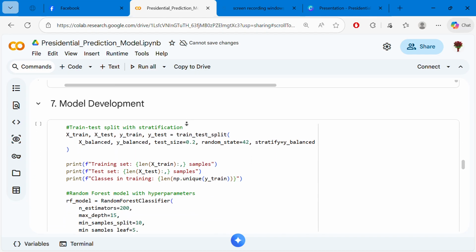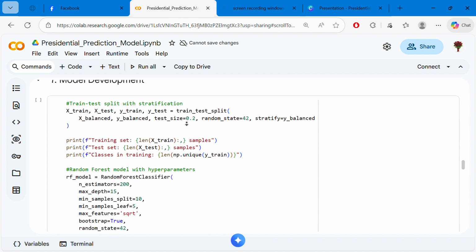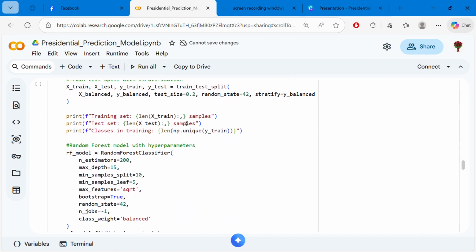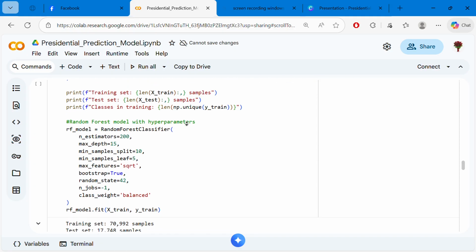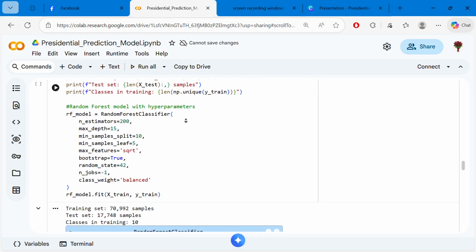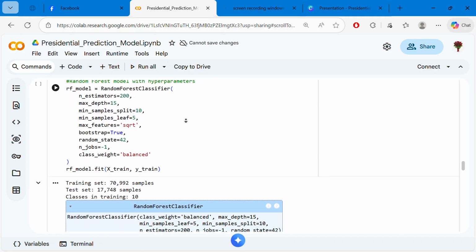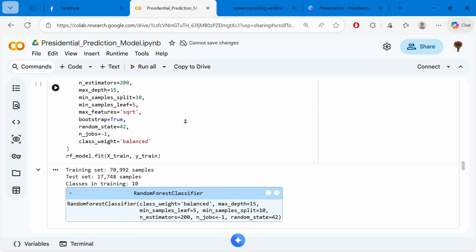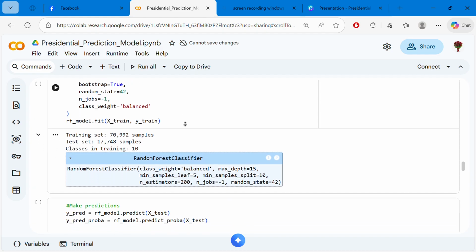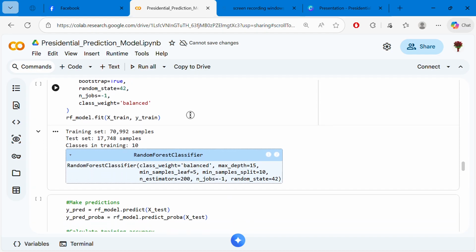We then went ahead to model development. Here we used the random forest classifier, which was best for classification. The training set was divided into 70,992 samples and the test set 17,748 samples.